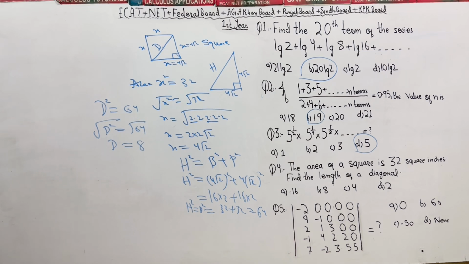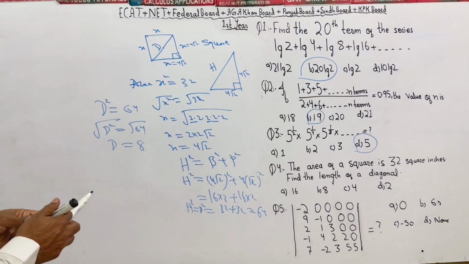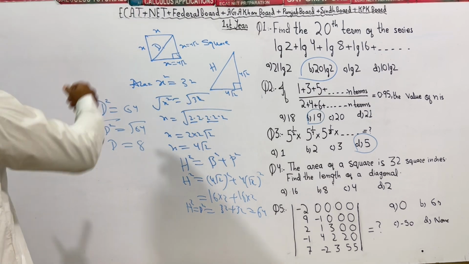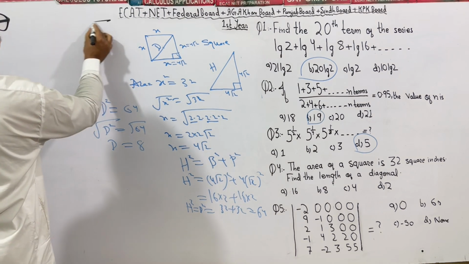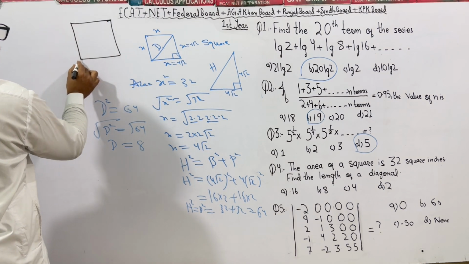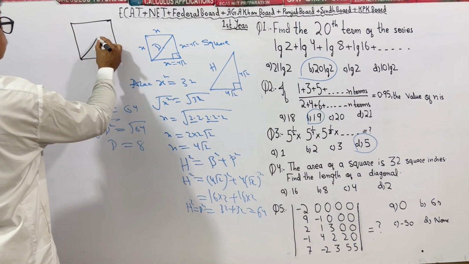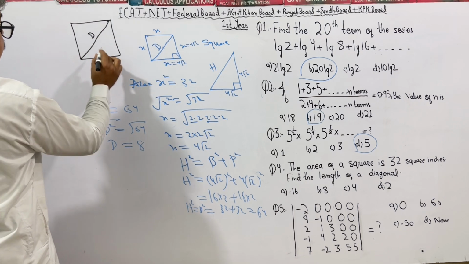There is another good question, mostly present in quantitative mathematics. If the diagonal of a square is given, find its area. Let me give you a good hack about this. Suppose we have the same square. We have just found its diagonal. How to find its area?